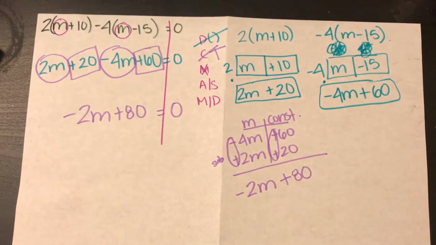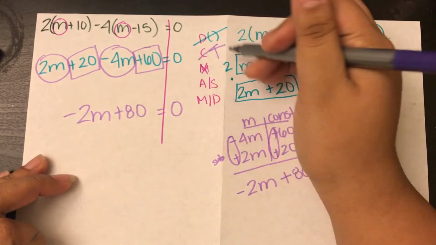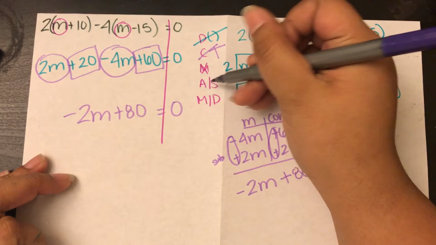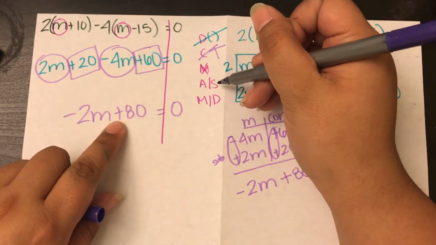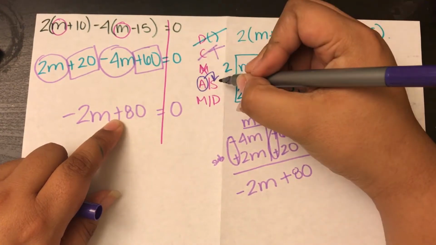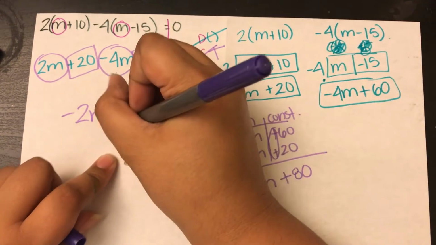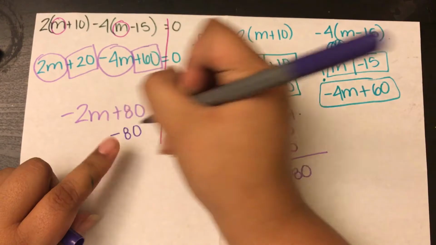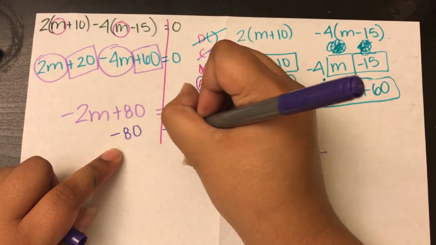Okay, next step. We don't have to move, so we cross it out. Let's see if we add or if we subtract. Well, I see that we're adding 80. So I'm going to do the inverse operation, which is subtracting 80. What you do to one side, you do to the other.